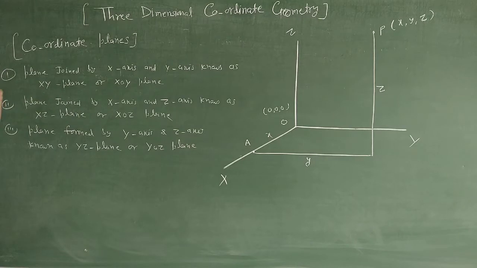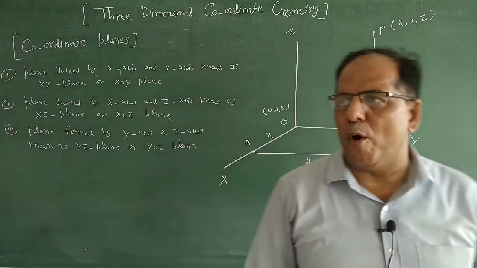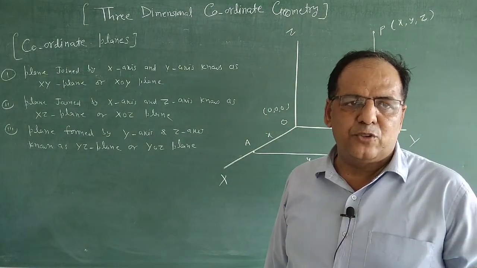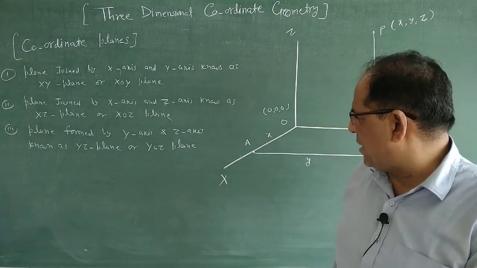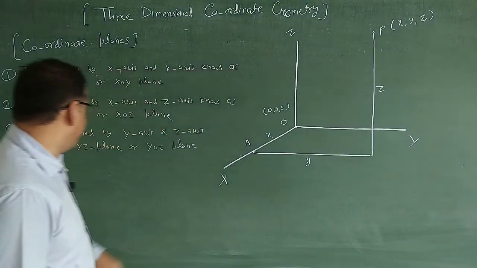So these are the three coordinate planes: the xy plane formed by the x and y axes, the xz plane formed by joining the x and z axes, and the yz plane formed by joining the y and z axes.